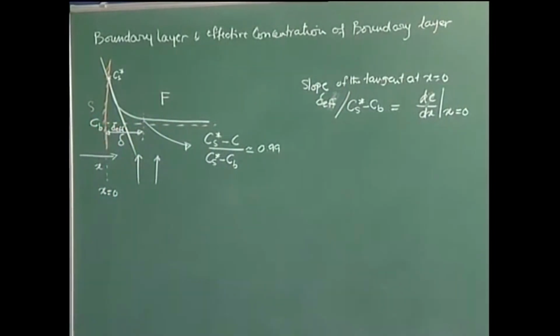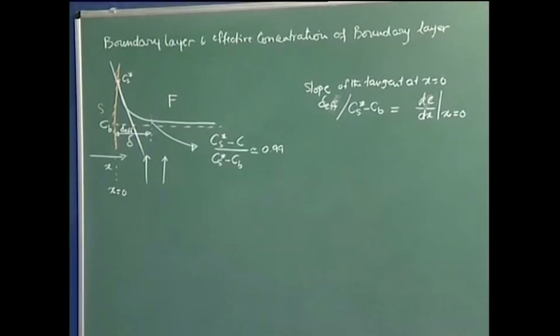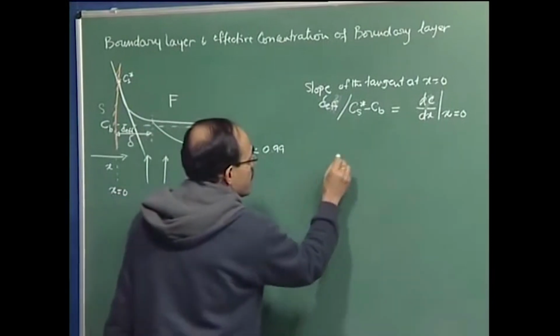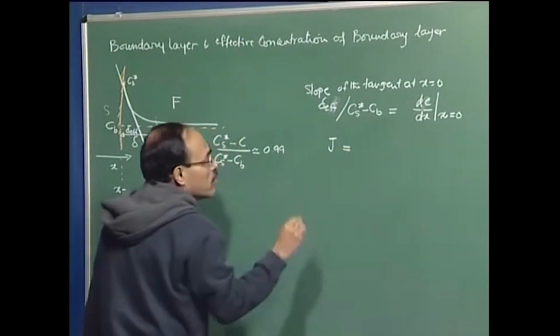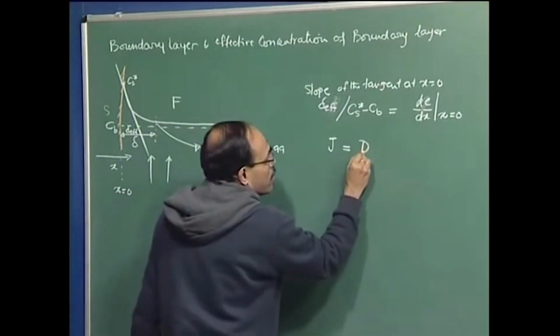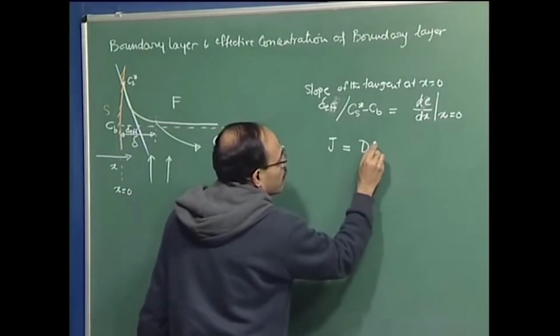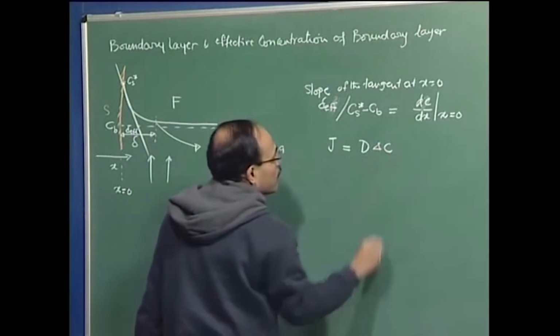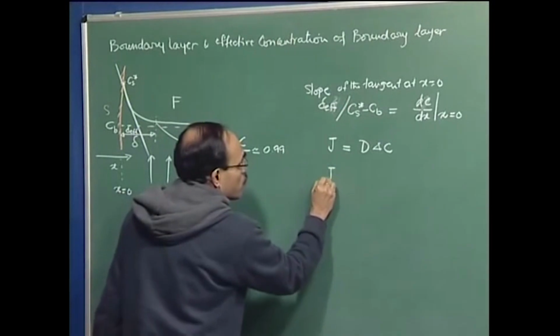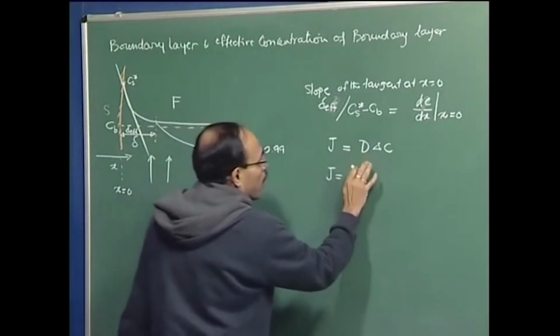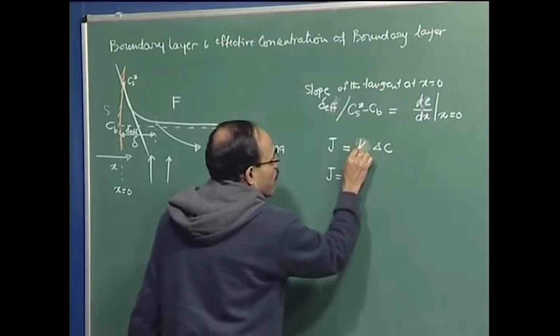So, now if you have seen the definition, the flux I have written is J equal to D into delta C. Okay. So, therefore, the flux is also equal to, I am sorry, this is the mass transport coefficient.